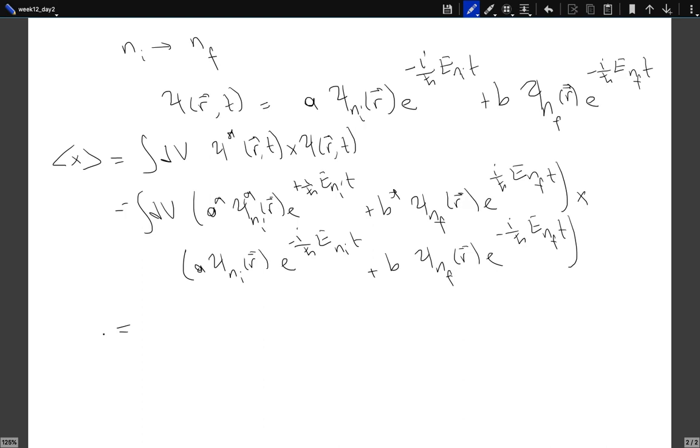The rest is just multiplication. We multiply this term with this one, and you see the exponentials just cancel. That is a time-independent term, A squared times the integral of psi i squared x. There is also the product of the B terms. Again, the exponentials will just cancel.